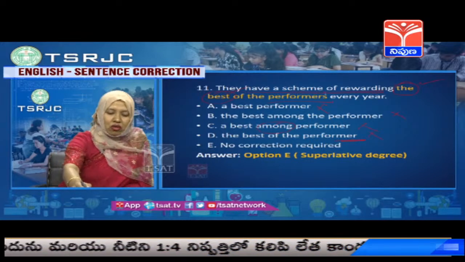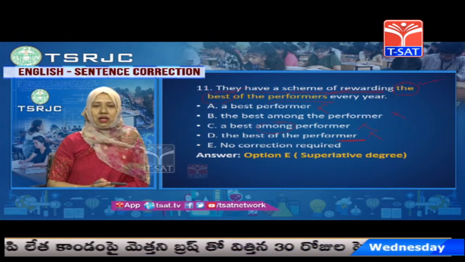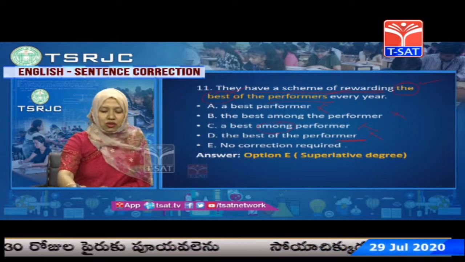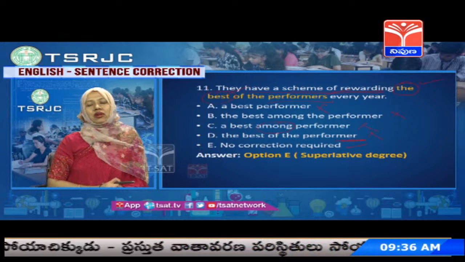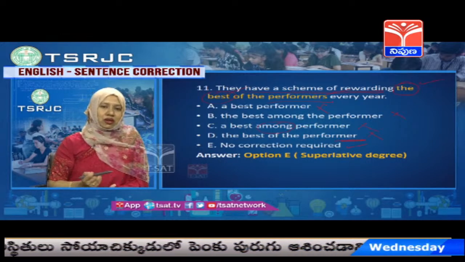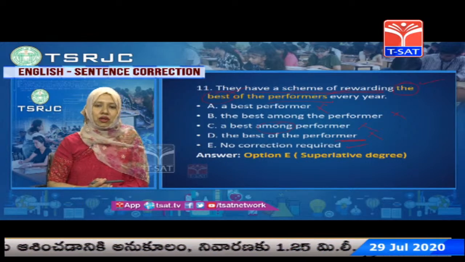Already in the sentence, s is added: performers, the best of the performers. So there is no need of any correction in this sentence. This sentence itself is the correct one. To confuse you, they have given you multiple options, but none of the options is correct. No correction is required here.